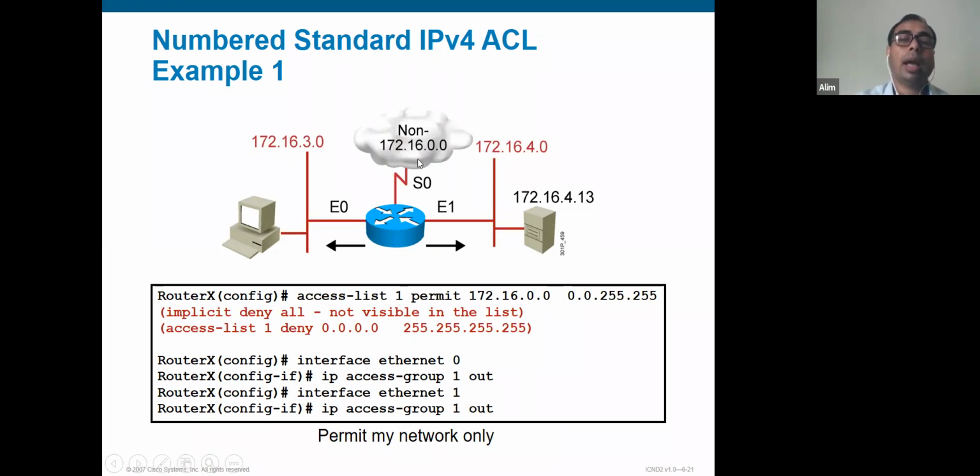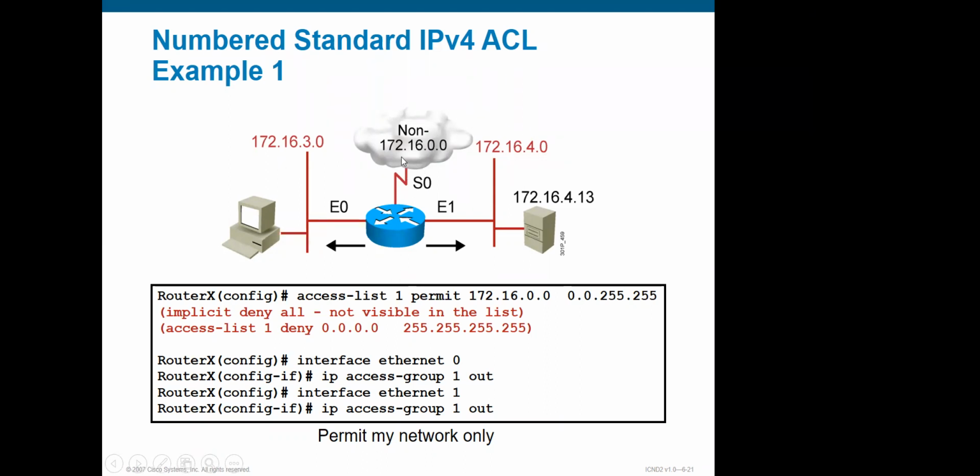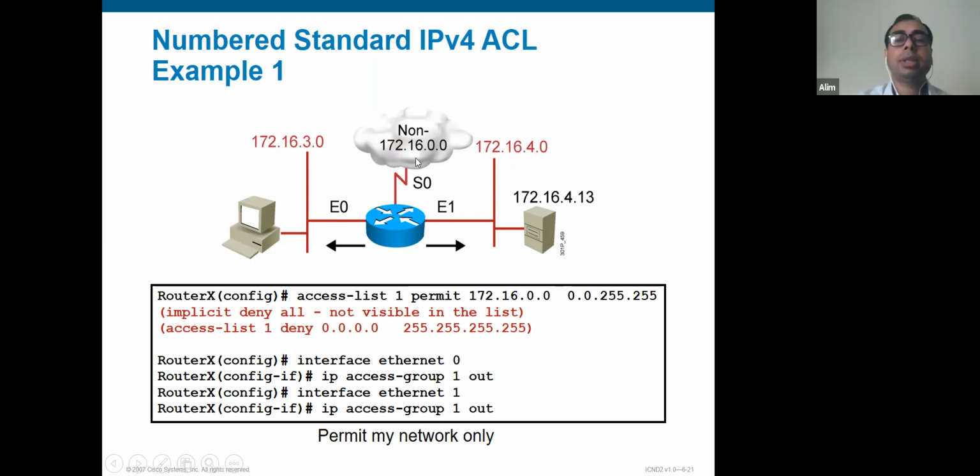Look, here we are seeing three networks. One is 172.16.0.0. It is coming through the serial interface to this router. For some reason, maybe everything is blocked in this router. Every network will not be allowed.